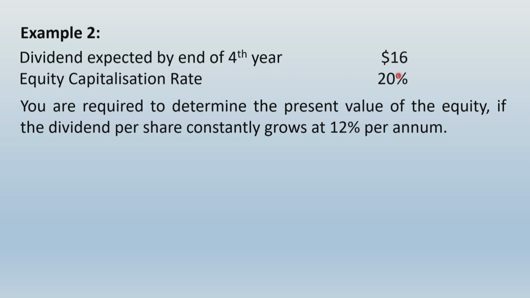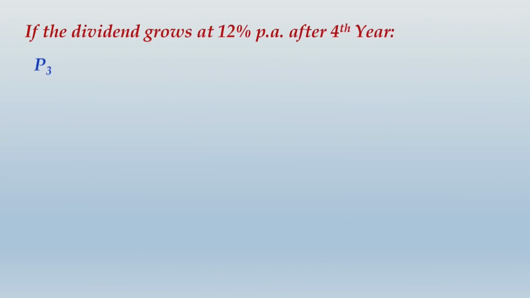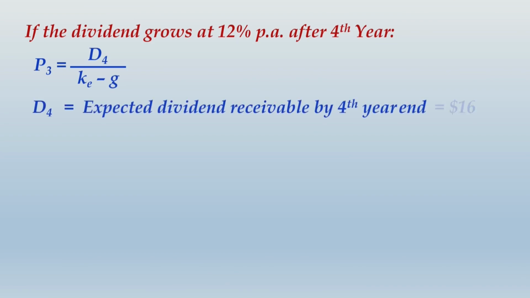In such a scenario, as I told you, to solve this question, you will first determine the value of P3, correct? So you determine the value of P3 by taking D4 divided by K minus G. You define these variables. D4 will be the expected dividend receivable by 4th year end, that is $16.